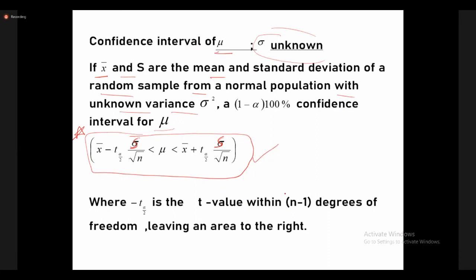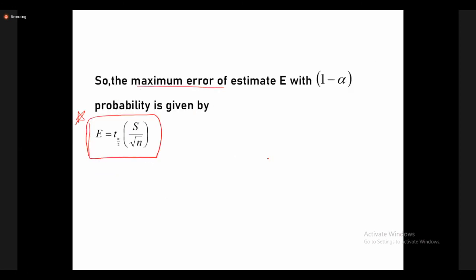The maximum error formula is capital E equal to t alpha by 2 into s by root n.